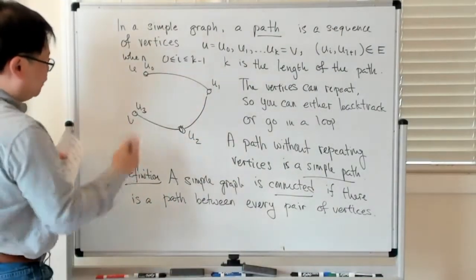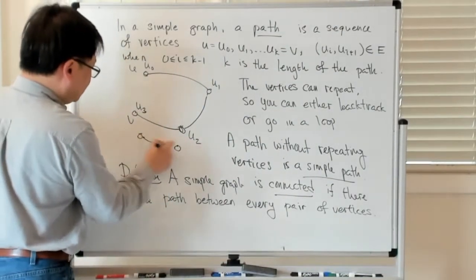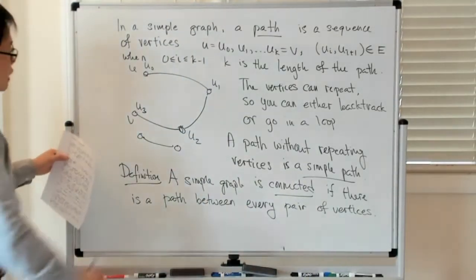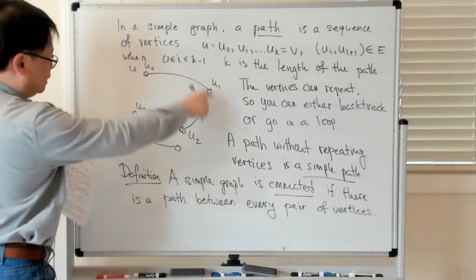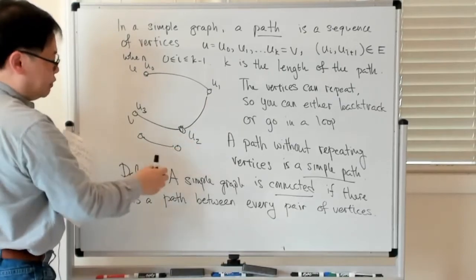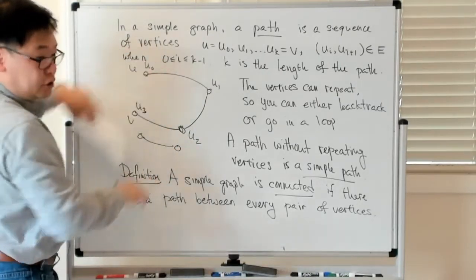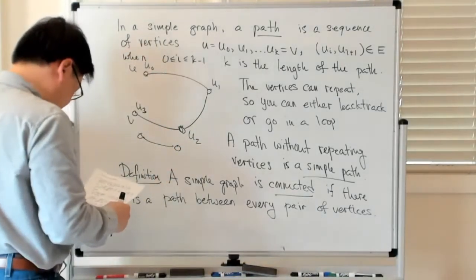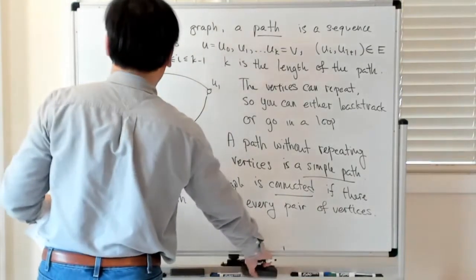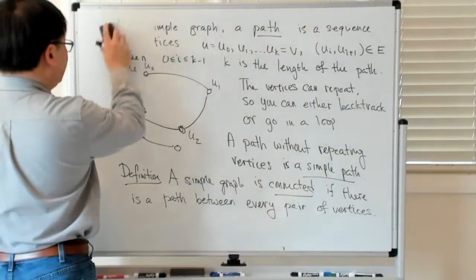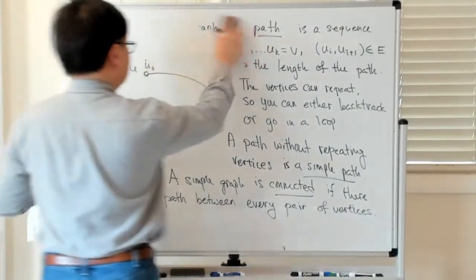And then once you have that, we can start talking about this idea of connected components. Say you have this, and then you have another part of the graph like this, then we might say that this is one connected component, and this is another connected component, because these two are disjoint from each other. Let me say what a connected component is.